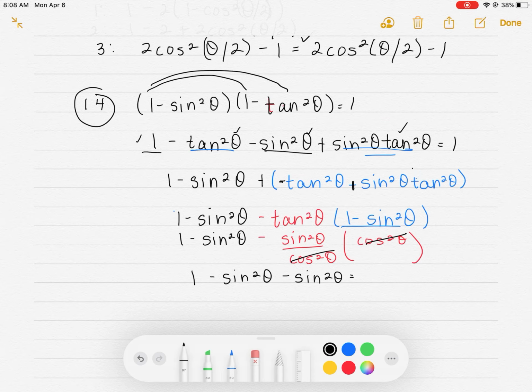And that would be a plus. So I factor out a negative tangent, which leaves me with 1 minus the sine. That changes to cosine.